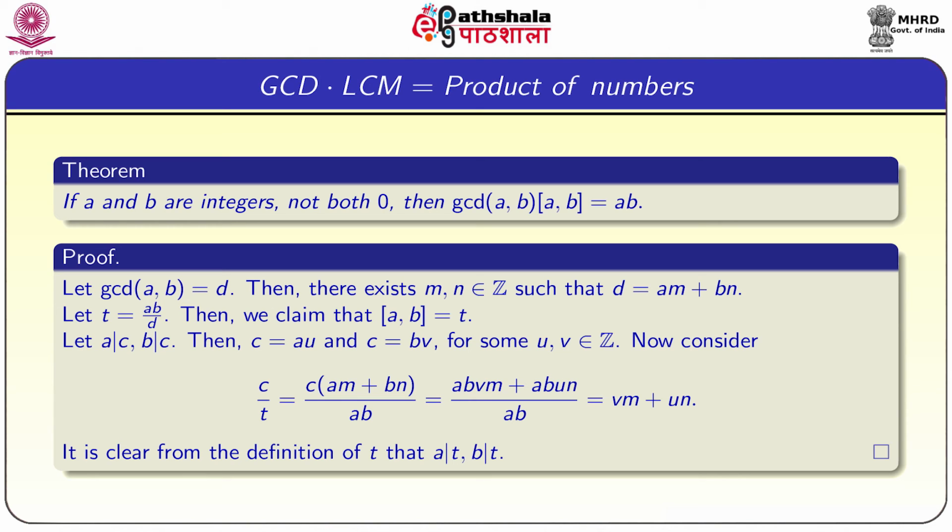It is because AM plus BN is equal to D and T is equal to AB by D. So, C by T is equal to C into AM plus BN by A into B, which is equal to, plugging the value of C, AB VM plus AB UN by AB, that is VM plus UN. It says that C by T is an integer, that means T is dividing C. So, clearly T is a common multiple of A and B. So, T becomes the least common multiple of A and B. So, hence the proof.